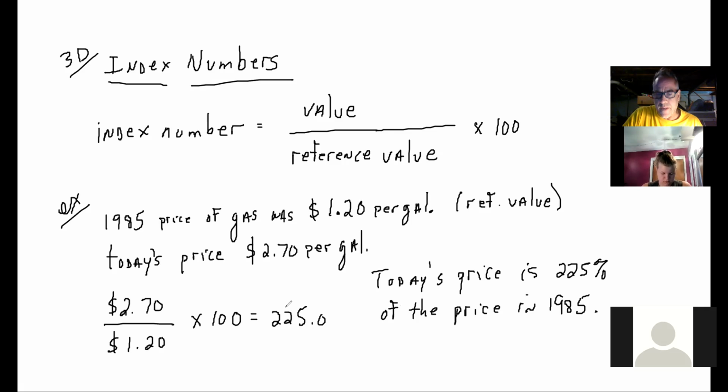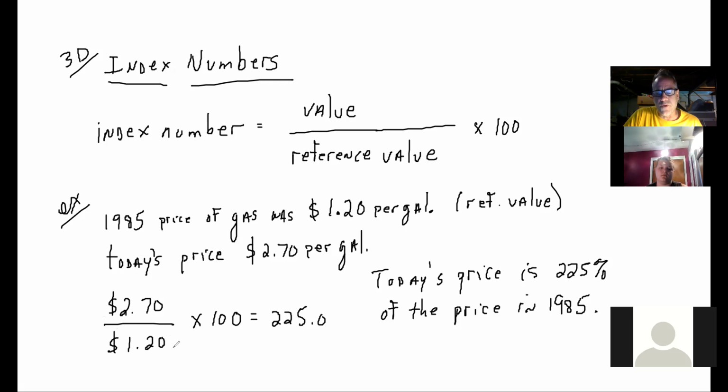Well, yeah. So the reference value is whatever you're going to compare to. In this case, I want to compare today's price of gasoline to the price of gas in 1985. And so here's today's price, 270, and then you divide it by your reference, the one I'm comparing it to, 1985.